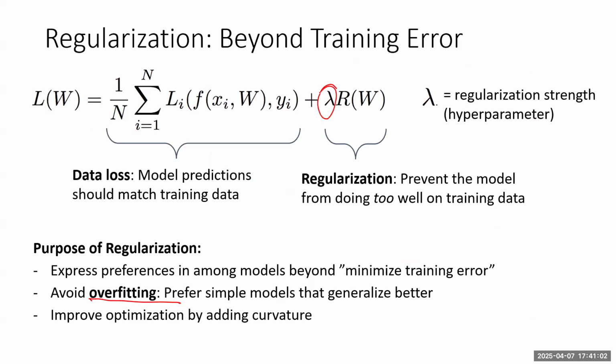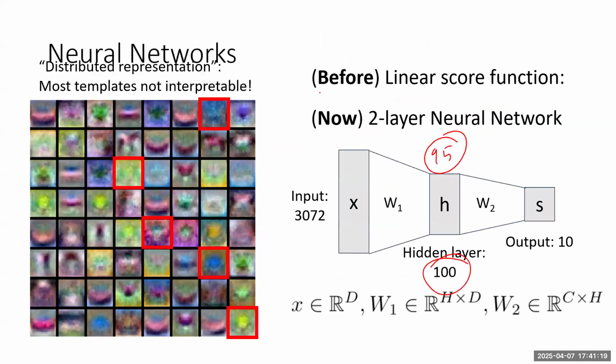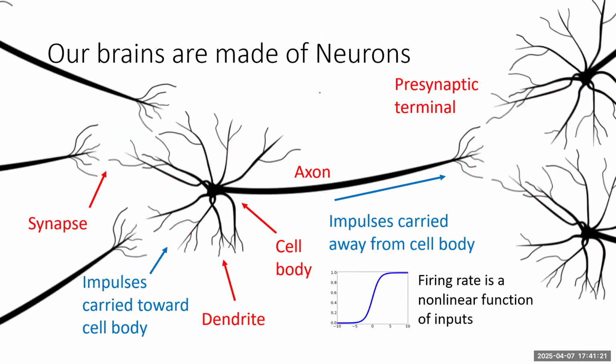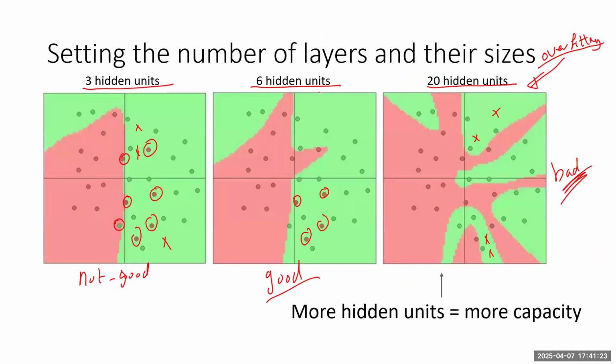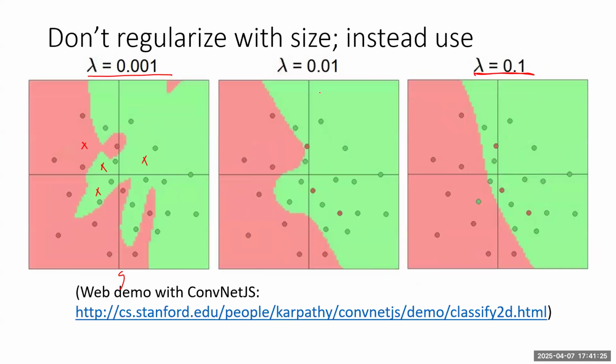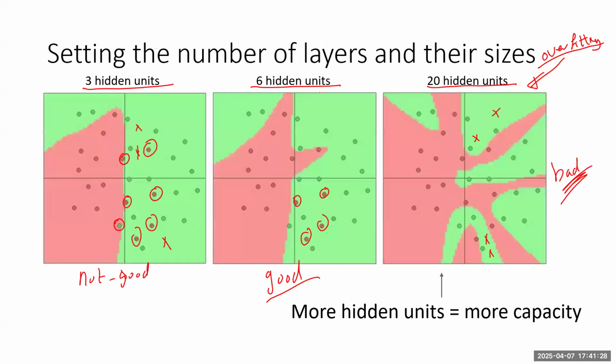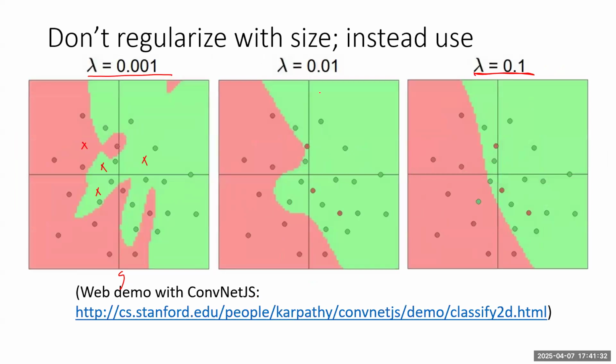So if you have a bigger value of lambda, this means you're giving high priority to the regularization, so the model will be very simple. If you are giving a smaller value of lambda, you are giving high priority to the data loss, so the model will be more complicated and overfitted. So again, you have to watch out for those parameters. So how many hyperparameters do we have to choose right now? At least 2: the number of hidden nodes and the lambda.